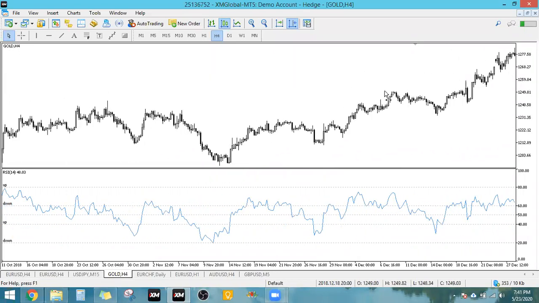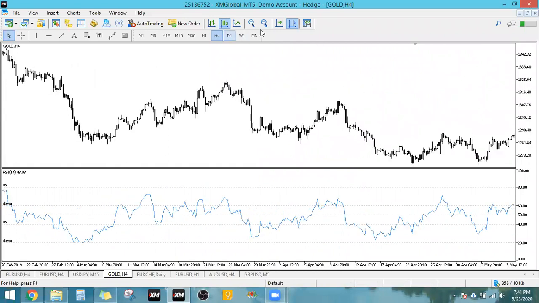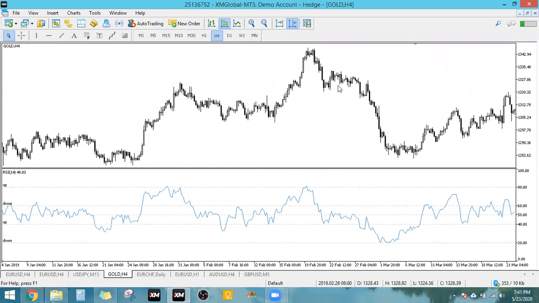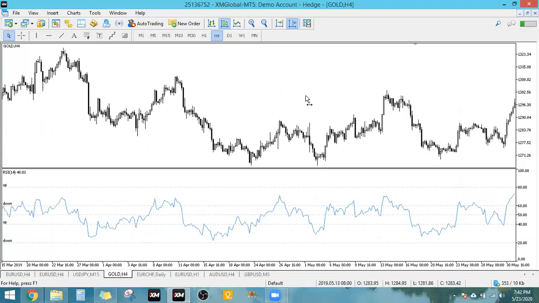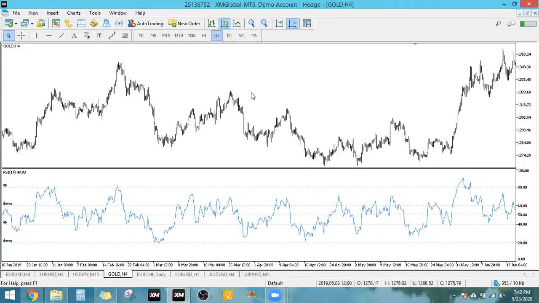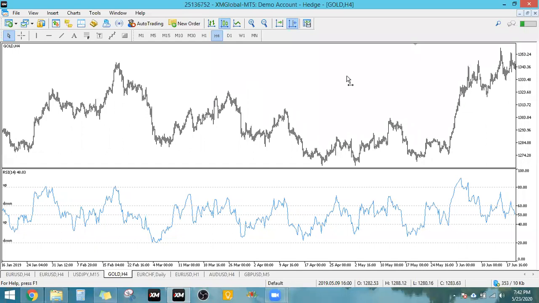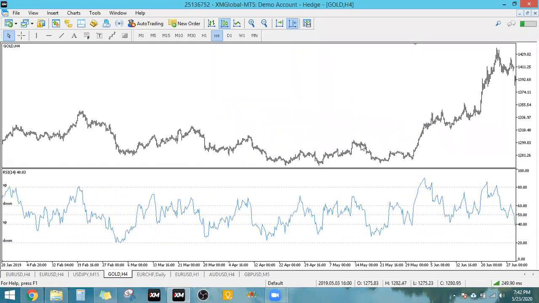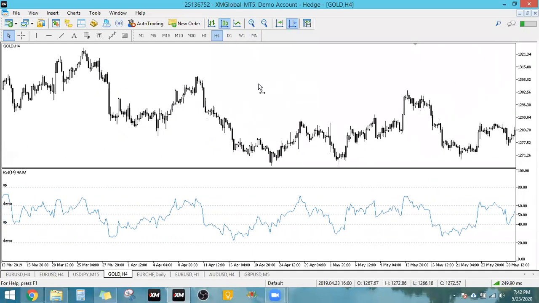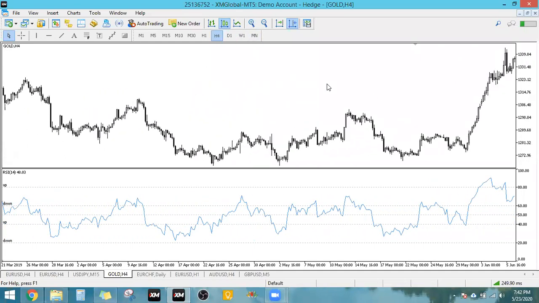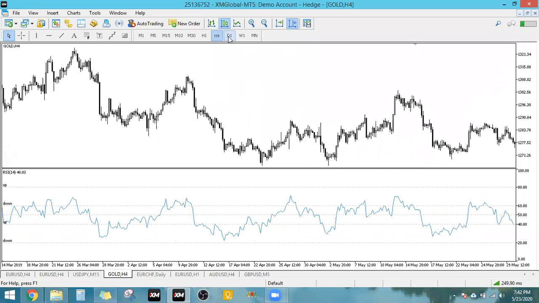Okay, so ngayon medyo tuloy-tuloy uptrend, no? Market is going up. Yan. Nandito pala, no? Wait lang. I was in the wrong area. Yan, so nandito pala. So this is where the reversal was. Ayan, so tingnan natin.